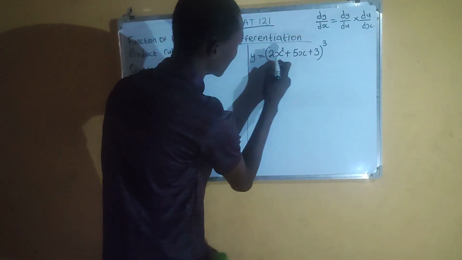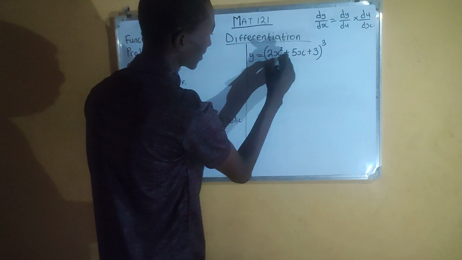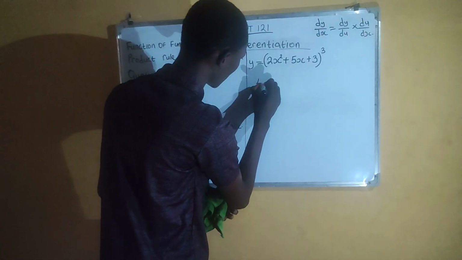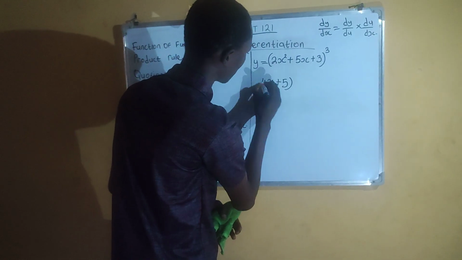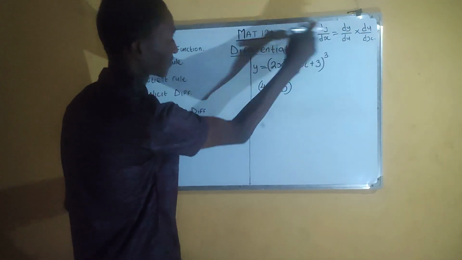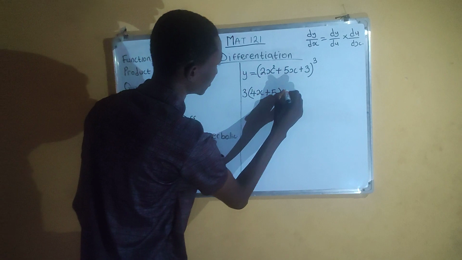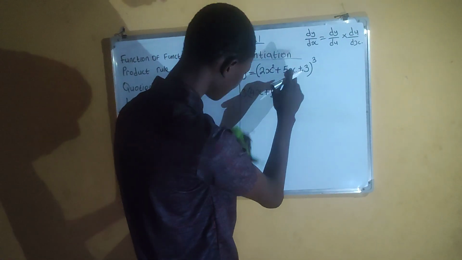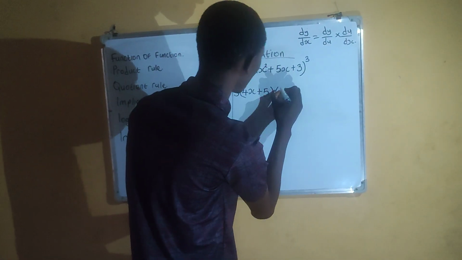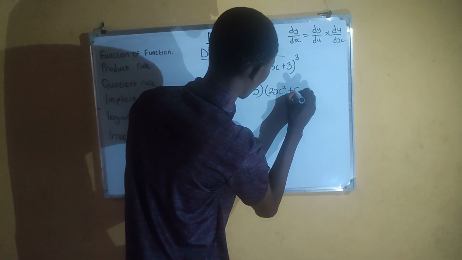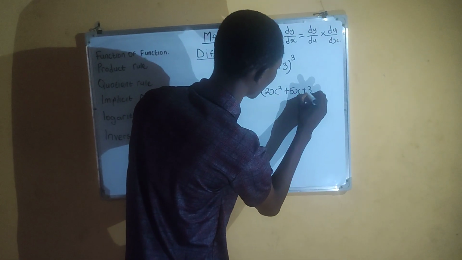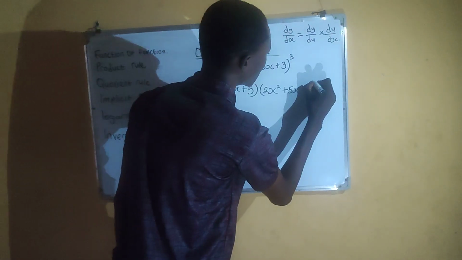So now, when you differentiate what is inside here, 2x squared, you have 4x, then differentiate this, you have plus 5. Don't forget that I said multiply it by this power, so this power is coming here. Then open another bracket. Rewrite what is here, 2x squared plus 5x plus 3. Then subtract 1 from this power.